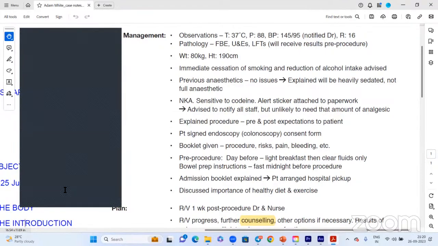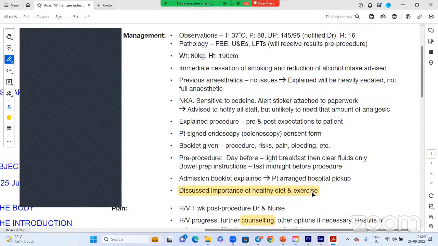Yeah, come on, write down some more sentences. Discuss the importance of healthy diet and exercise. How will you write this sentence? Diet and exercise.